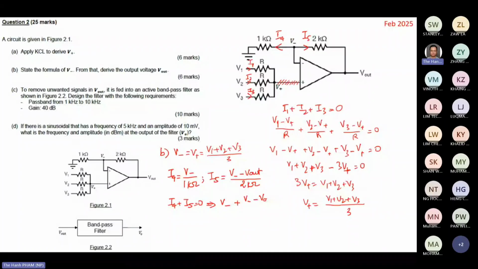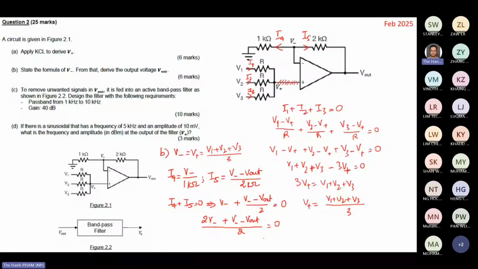Now, you can think of V minus as V minus divided by 1. So this guy must be multiplied by 2, and this guy must be multiplied by 2. Correct? So after you multiply by 2, what should you have? You have 2V minus plus V minus minus Vout, divided by 2, is 0, right?